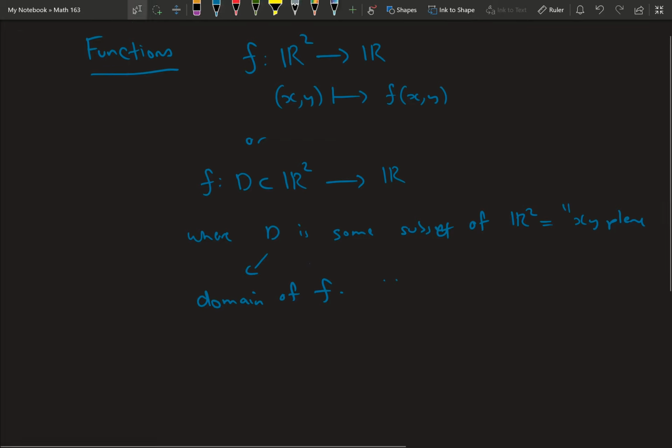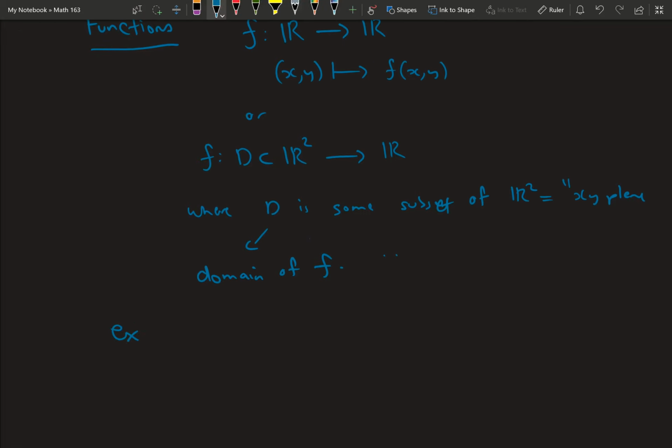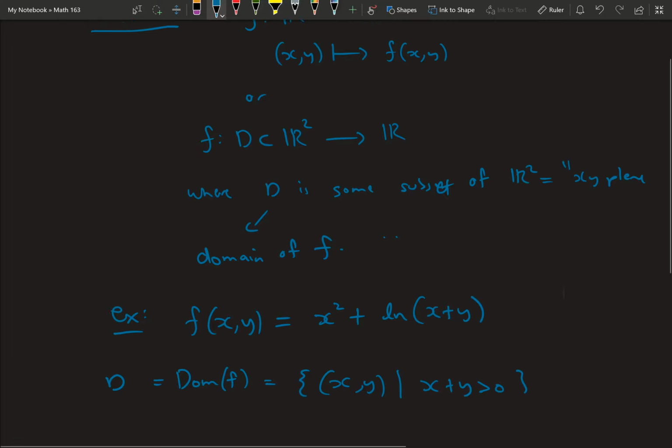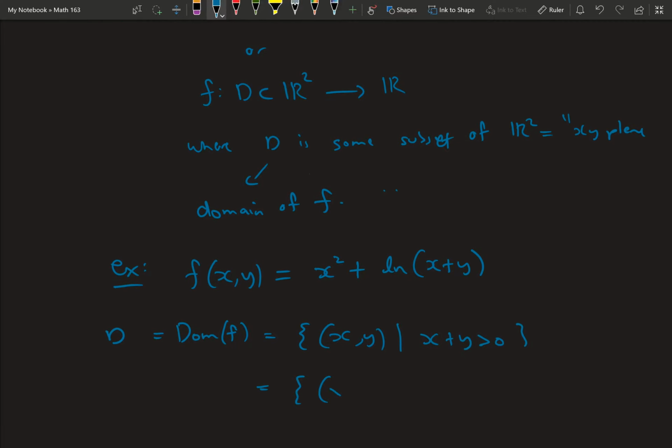And so in general, given a function, for example f of xy is equal to x squared plus the ln of x plus y, then the domain of f, which is what we're denoting by D, would be the set of all ordered pairs xy where x plus y is greater than 0, or the set of all xy where x is greater than negative y.